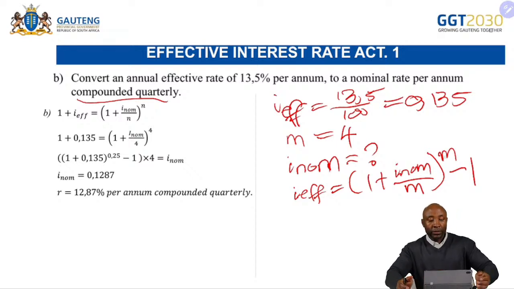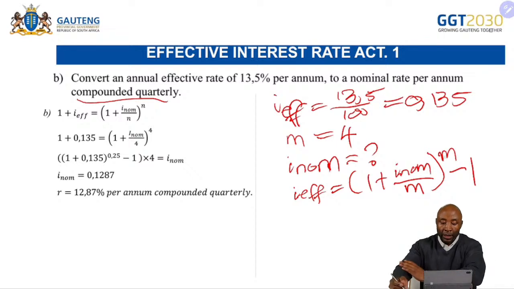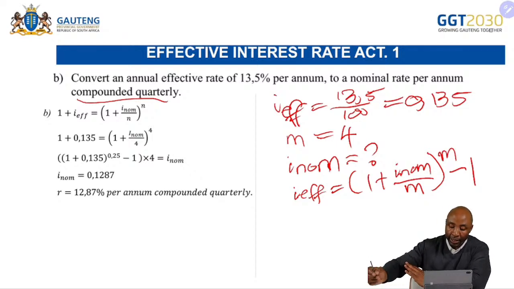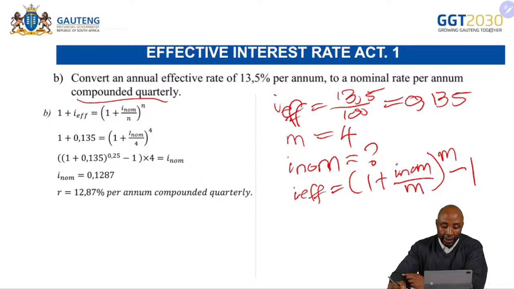So we are able to see that it will be 1 plus 0.135 to the power 1 over 4 minus 1. We multiply this by the 4, which is the denominator there, and we make the I nominal the subject. And then from there, we will get our I nominal as 0.1287, and it continues. There are some digits that I did not write down, and the rate becomes 12.87%.